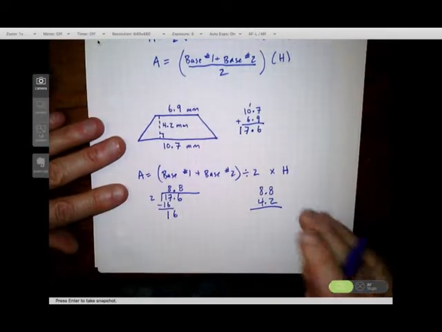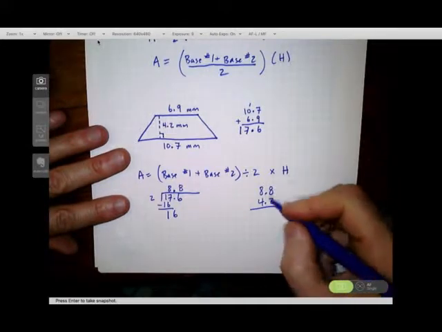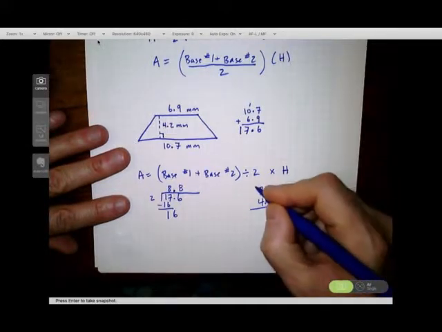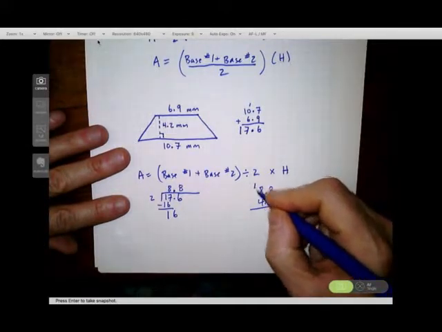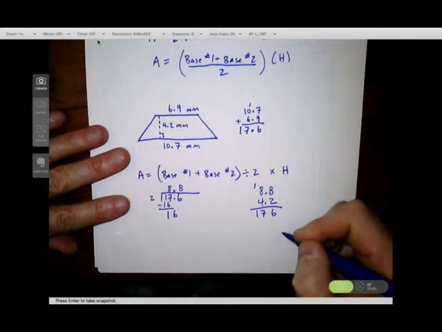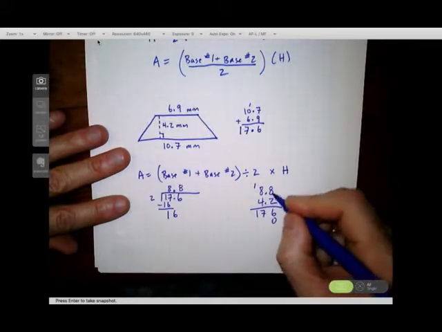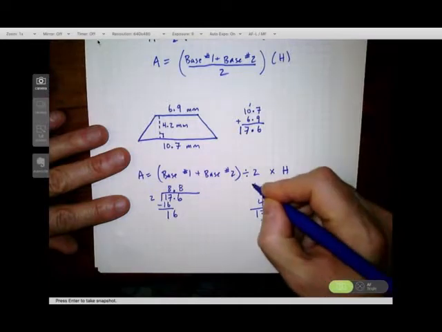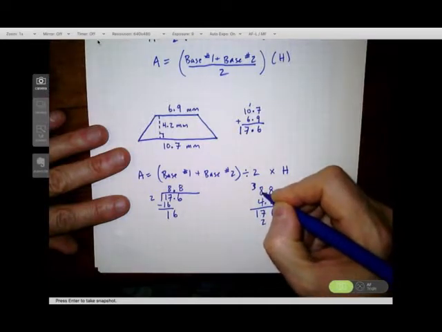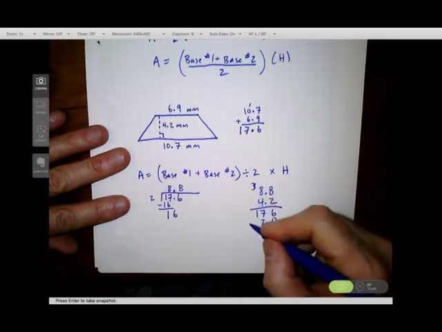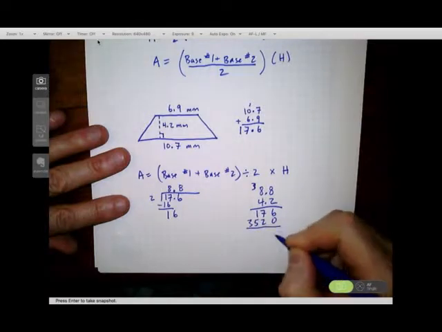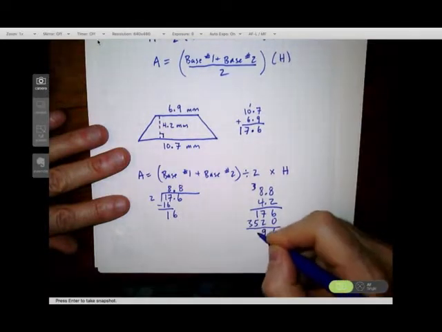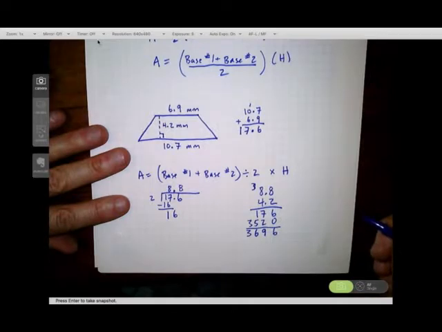Just got to do a little multiplication here. Okay, 2 times 8, 16. 1 up here, another 16, 17. When I add 1, 0. 4 times 8 is 32. 4 times 8 is 32 again, plus 3 is 35. 6, 9, 6, and a 3 when I add those up.